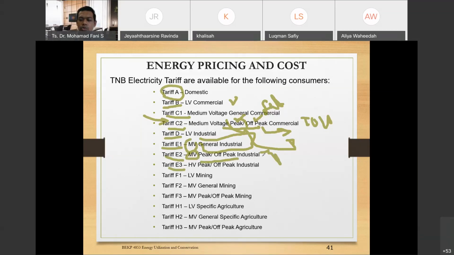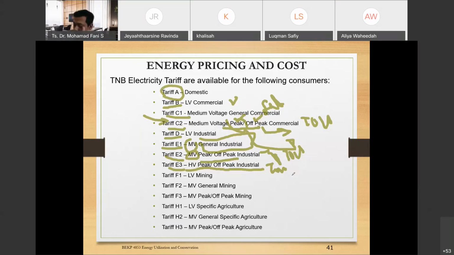This one is TOU for the industry, and the high voltage consists also of TOU, with a different price compared to the E2 and E3, because E3 is tapping from the transmission line, and the cost to develop the substation to get the 132 kV, for example, is higher compared to the E2 or medium voltage. So the price for the consumption of electricity is lower compared to the E2.